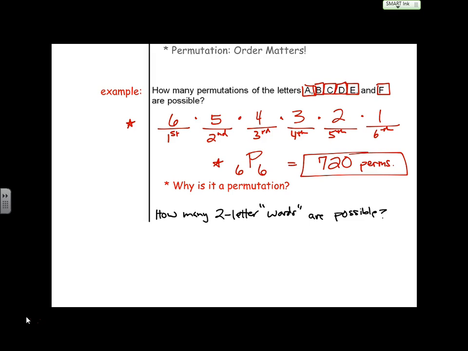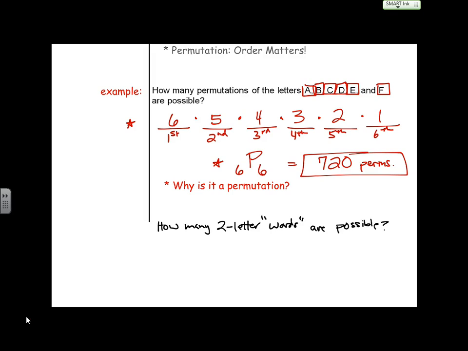But before we answer that question, why is it a permutation, kiddos? Not a combination? What's true if we're putting letters down in different orders? Is this too hard? Order is important.